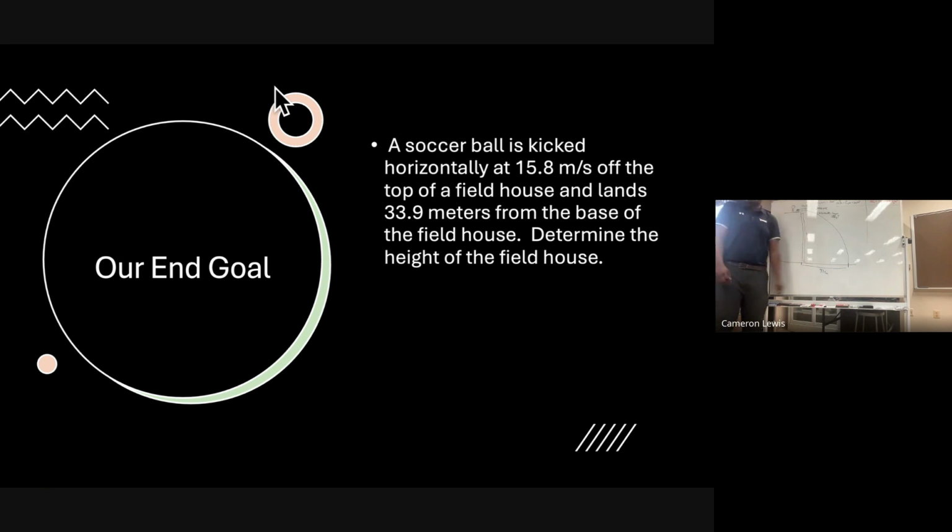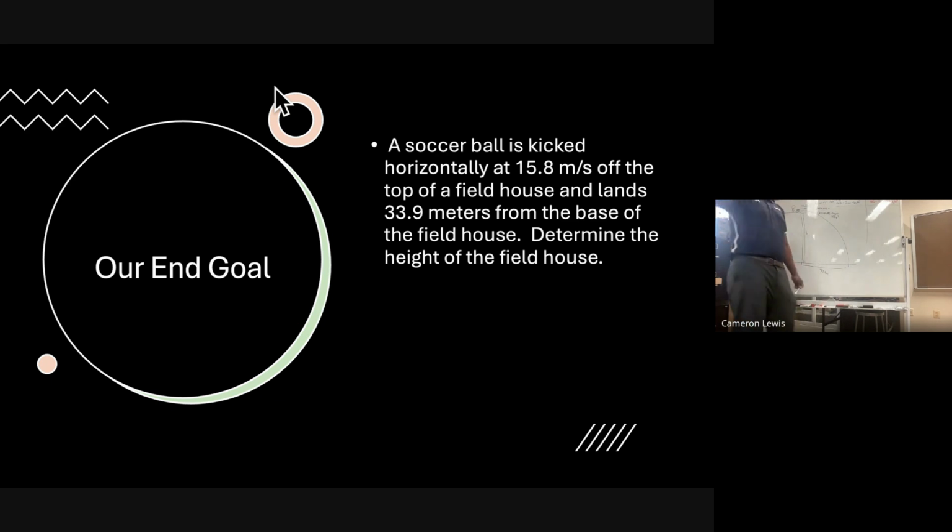We have our unknown. Now let's talk about this assume. What do we assume in projectile motion? Based off of the problem we just did, what did we assume? What's always present? Gravity is always present. So therefore, we have an acceleration due to gravity.